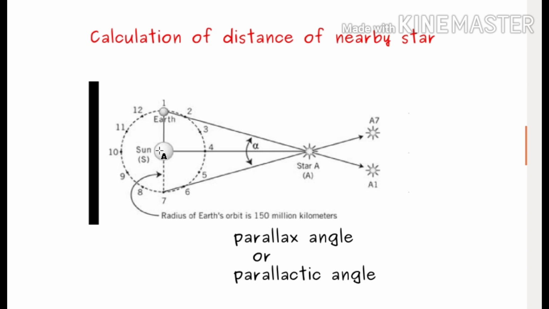This measurement is a bit hypothetical, but there will be no problem in understanding it. Can you observe the star from position 10? Because in the path of this star there is the sun, so you cannot see through the sun. Understand?